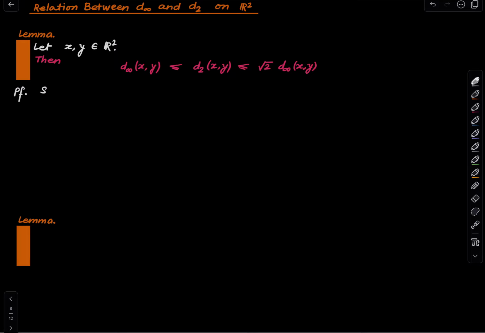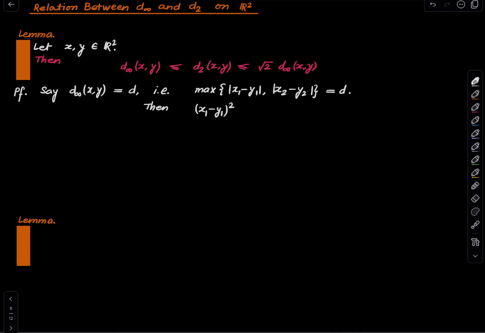Say the maximum amongst these two is equal to D. Then if we take the squares, that thing will be at most D square plus D square, because this is at most D, or rather its absolute value is at most D, so its square is at most D square.